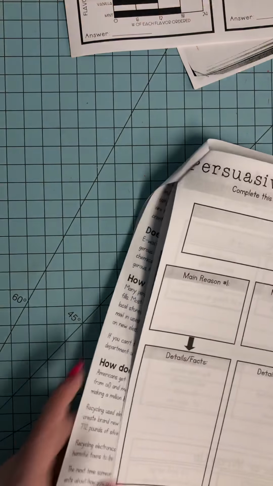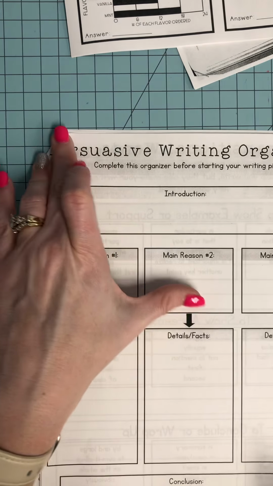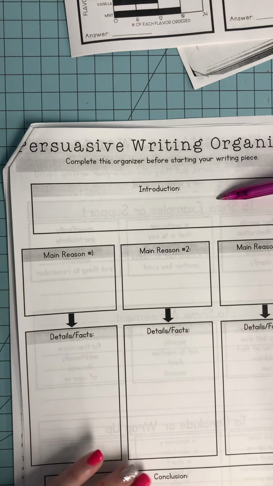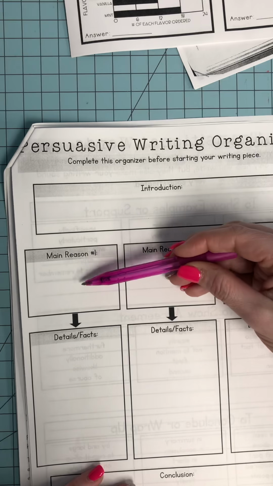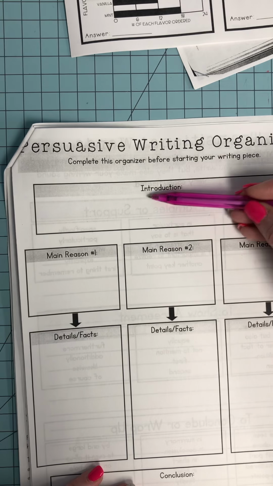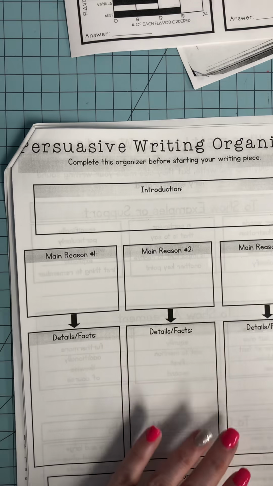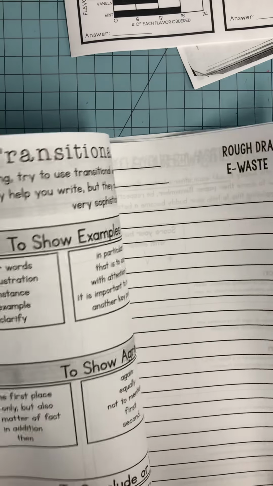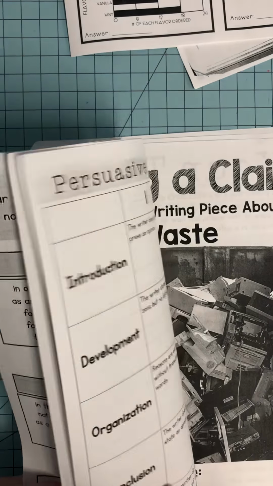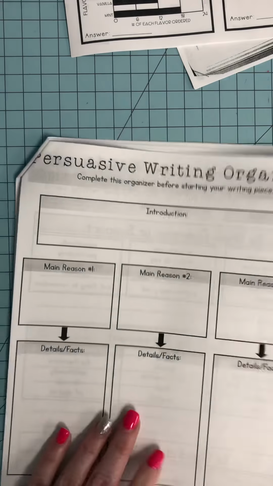And then you're going to write your persuasive paper. You're going to do your introduction of what your paper's about. And then you're going to write reason one, why you feel that way, reason 2, and reason 3. And then she's giving you paper here to use your transitions and stuff like that.